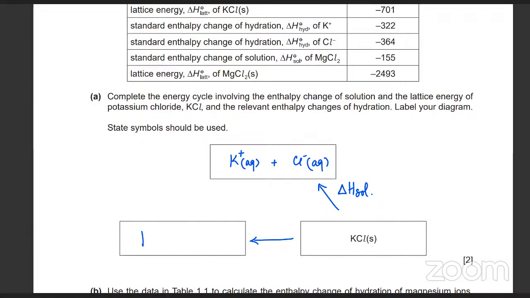You're going to break the lattice, it will form K plus 1 gaseous ions and Cl minus 1 gaseous ions. And since we're breaking the lattice, this will be actually the negative of lattice energy, or we can change the direction of the arrow, because lattice energy is the energy that is released when you're forming a lattice. So this is your lattice energy.